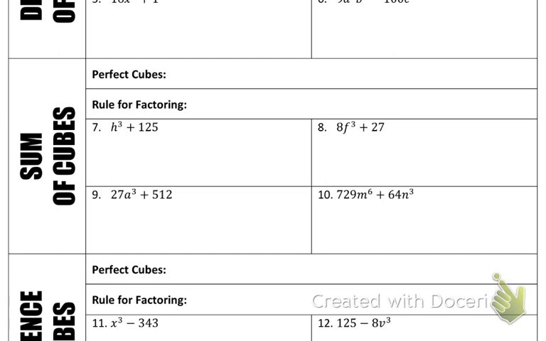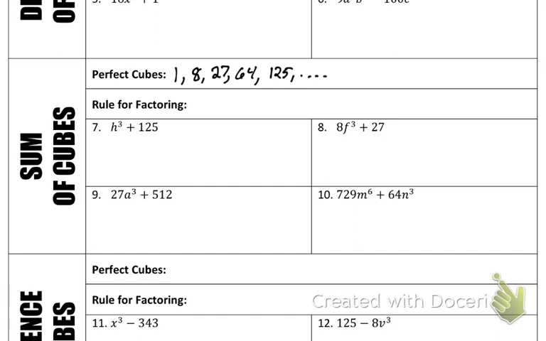Perfect cubes are kind of less recognized. 1 cubed is 1. 2 cubed, 2 times 2 is 4, times 2 is 8. 3 cubed, 3 times 3 is 9, times 3 is 27. 4 cubed is 4 times 4, which is 16, times 4 is 64. 5 cubed, 5 times 5 is 25, so we have 125, and so on. If I tell you to use difference of cubes, there must be a way to take the cube root of it, and you can plug it in your calculator and double check.